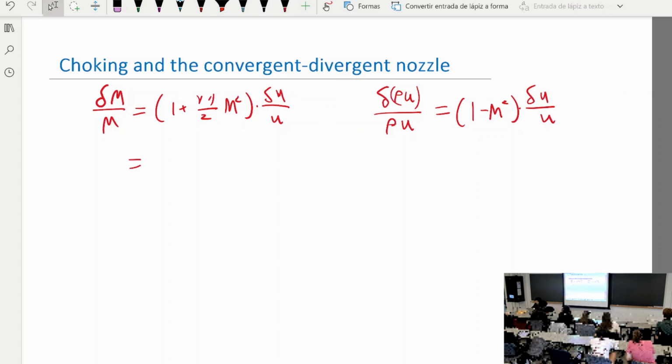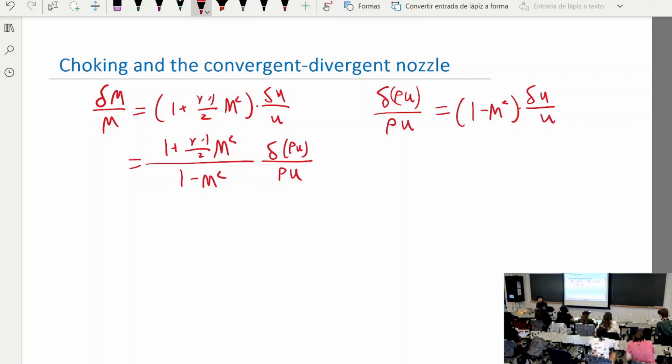Now, if you plug that in, I'll just write it like this, divided by 1 minus M squared times delta rho u over rho u. From this, you can actually integrate and see how rho u changes. This can be written as delta of log of rho u.